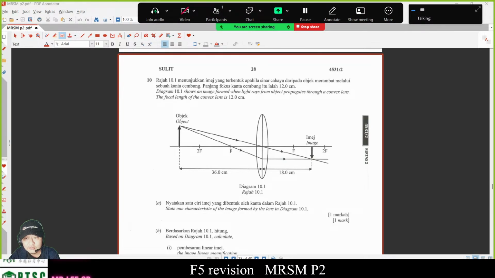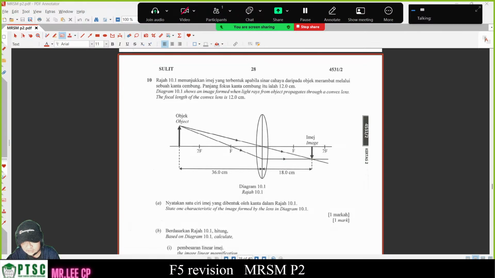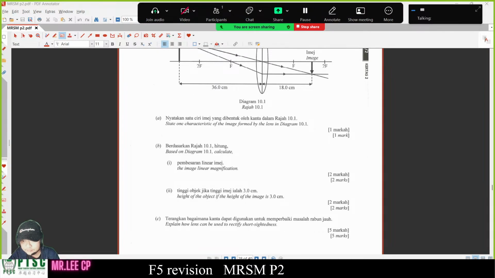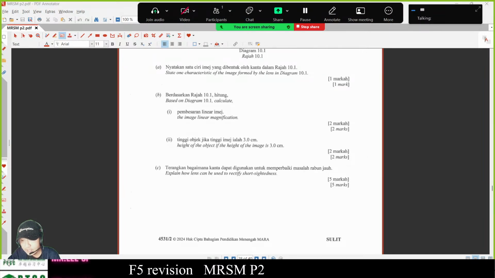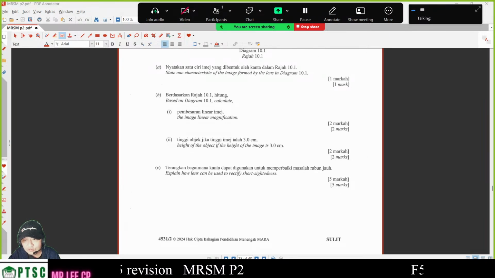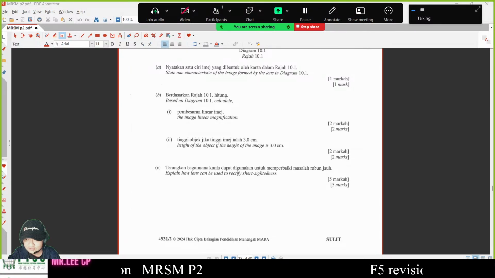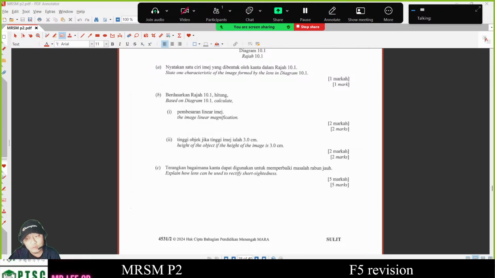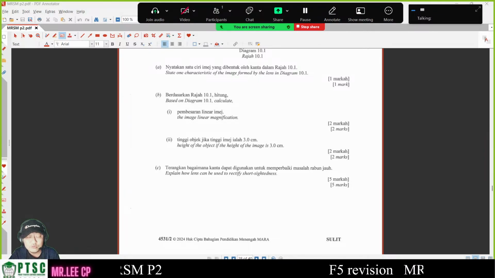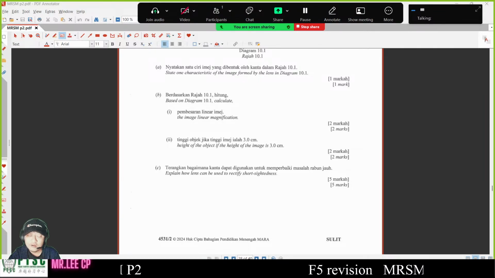The focal length of the convex lens is 12 cm. Now explain how to use a lens to rectify short-sightedness. This is 5 marks. Normally it is 4 marks, but now they give you 5 marks. So this is very hard for you to get marks.